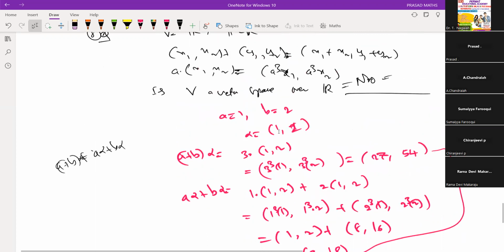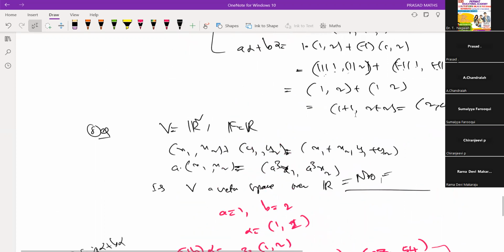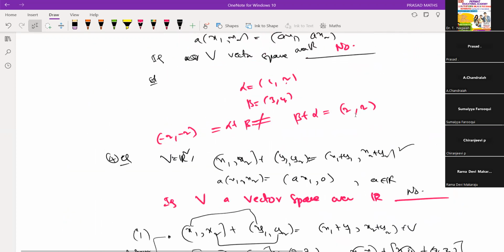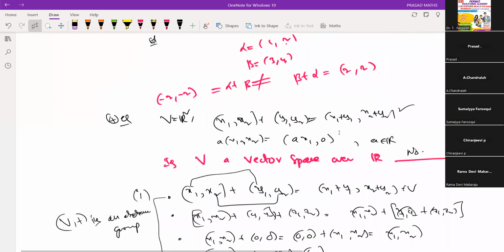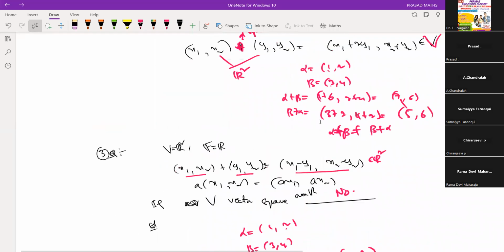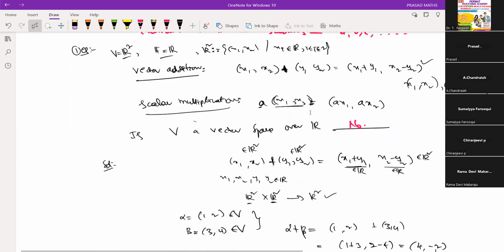Right? So I hope you understand. What is the trouble you are getting? When I use vector addition in a different way, it is not a vector space: x1 minus y1, x2 minus y2; x1 plus 2y1, x2 plus 2y2; x1 plus y1, x2 minus 2y2. So in all cases what you observe is, when you define vector addition in a different manner, it is not a vector space.